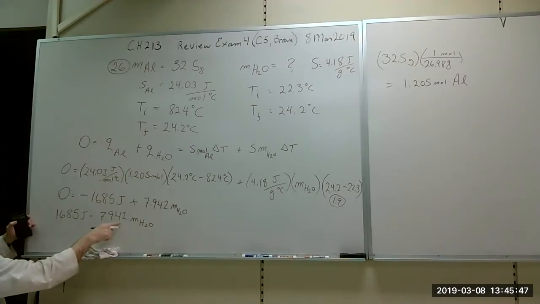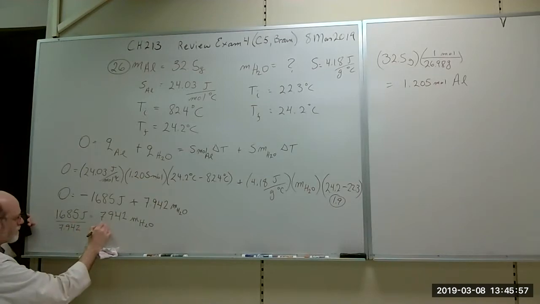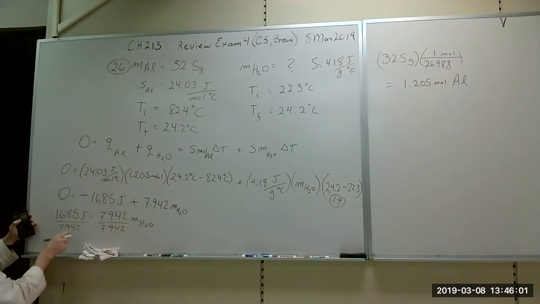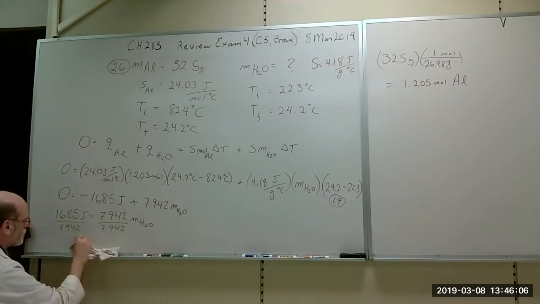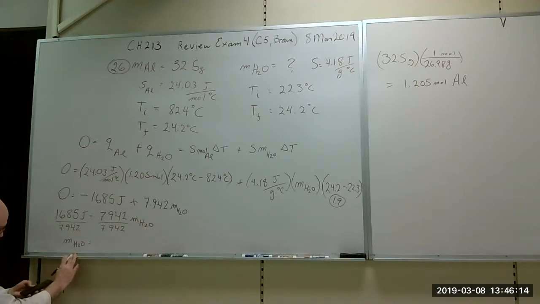So now if we divide both sides by 7.942, that puts this one over here and gives us our answer. I still got it in here. Yeah, there it is.